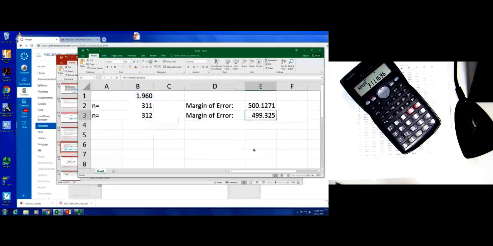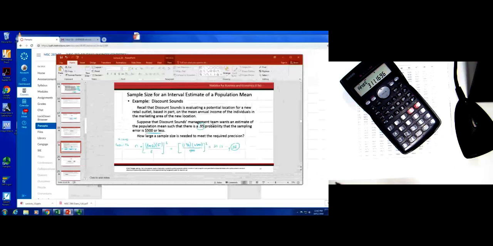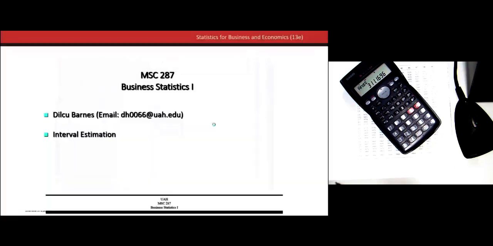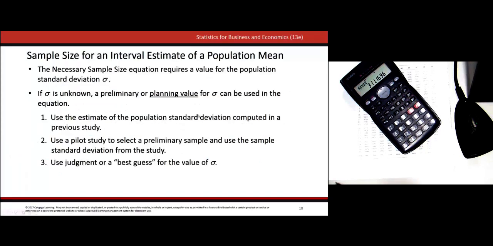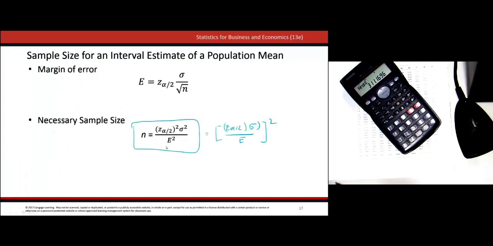Less than 500. Since we don't want the margin of error to exceed 500, we round it up to 312. So this is how we calculate the necessary sample size for a desired margin of error and confidence level.